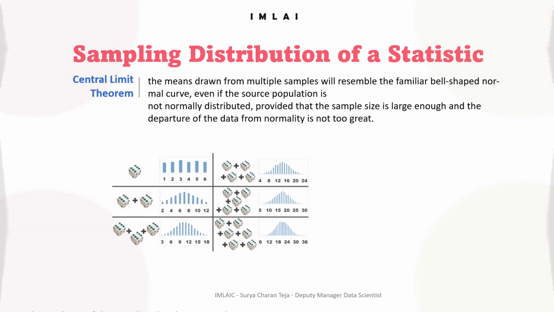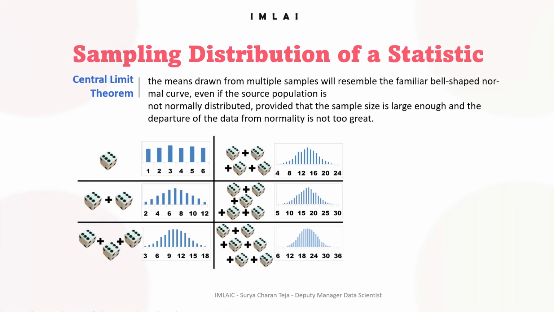So let's take this example. Let x1, x2, x3, and so on up to xn be a sequence of independent and identically distributed random variables with mean mu and variance sigma squared. And let x equal x1 plus x2 plus x3 and so on up to xn. Then as n increases, the distribution of x, fx of x, converges to the normal distribution.